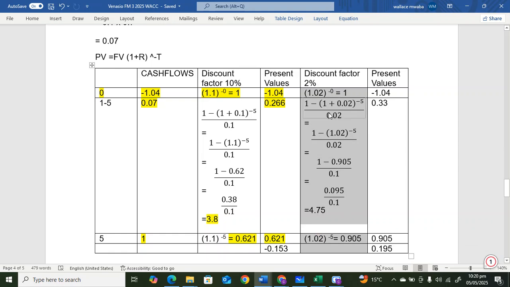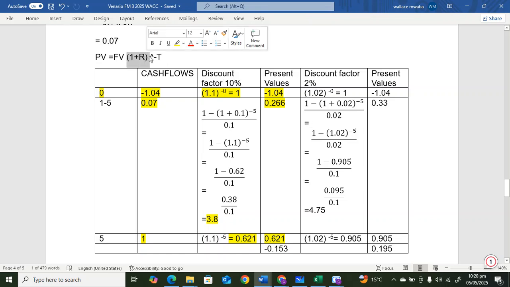Using this formula for year 0 and year 5, (1 + r)^-t. Then from year 1 to 5, use the annuity formula: (1 − (1 + r)^-t) divided by r.